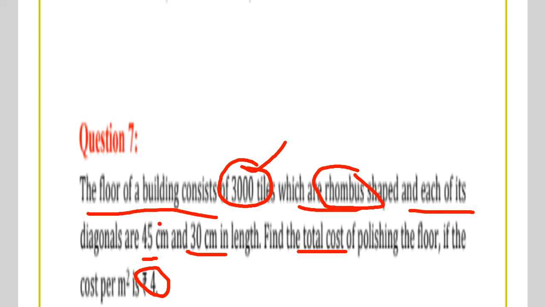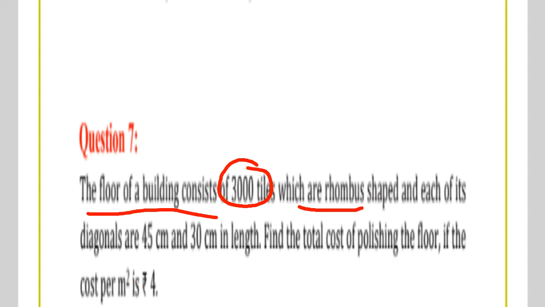Here the diagonals of the rhombus are given, so first we find the area of one tile, because the tile is the shape of a rhombus. The area of one tile is 1 by 2 d1 into d2.